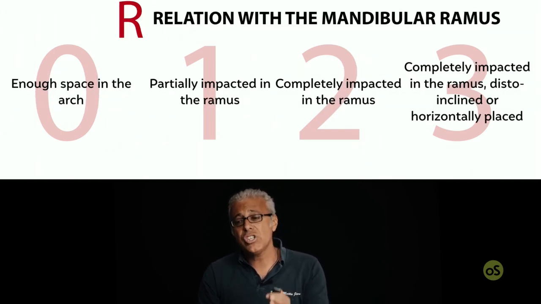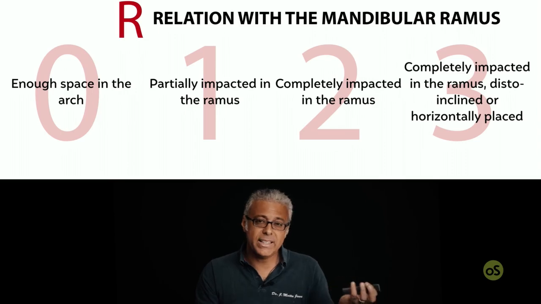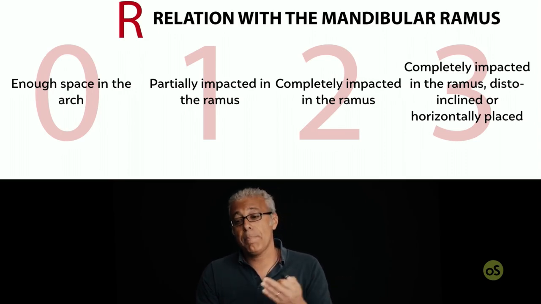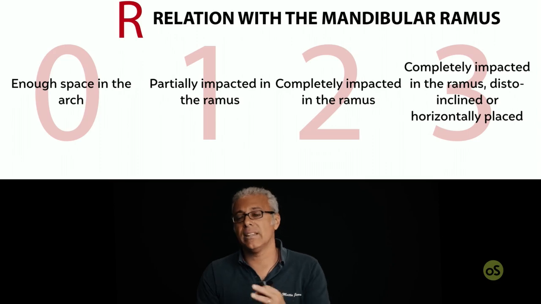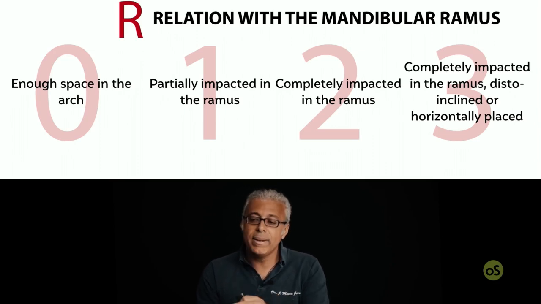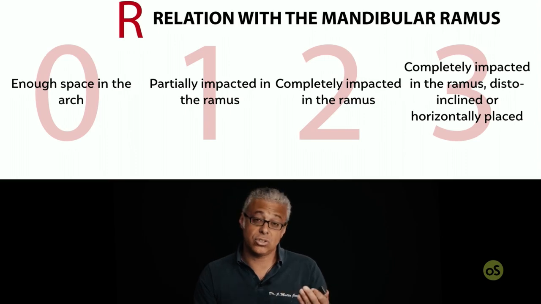Then we have the relation with the mandibular ramus, as in the Pell-Gregory, where R0 is enough space in the arch, the tooth is completely erupted, 1 is partially impacted in the ramus, 2 is completely impacted in the ramus, and 3, worst scenario, completely impacted in the ramus, disto-inclined or horizontally placed.